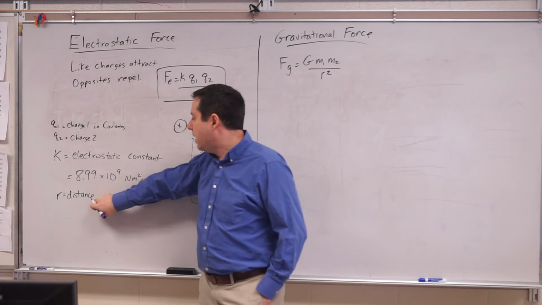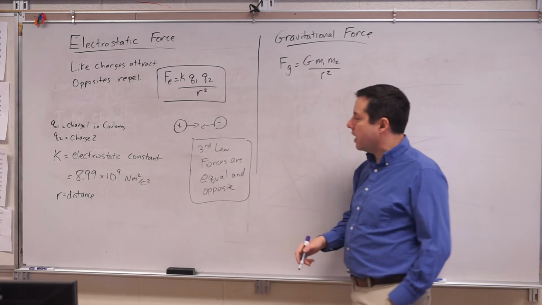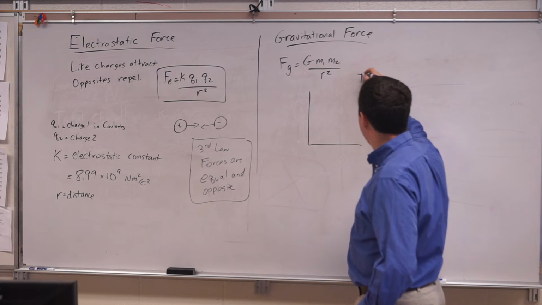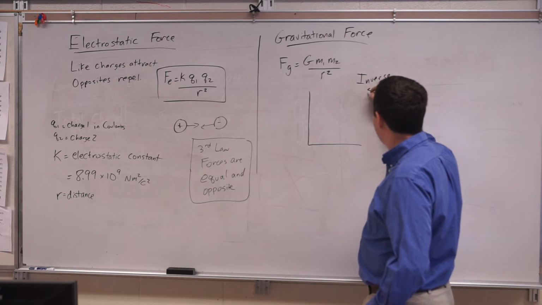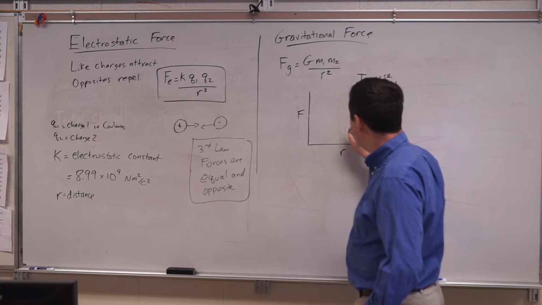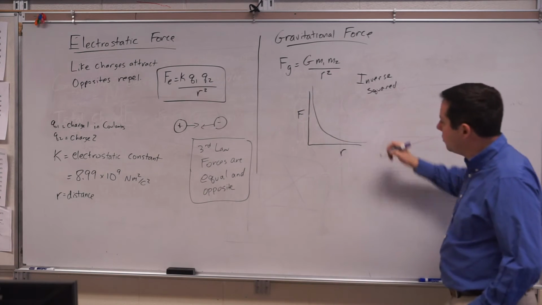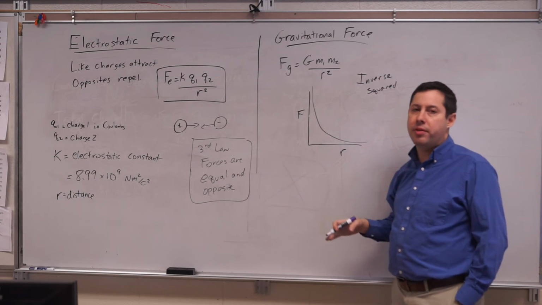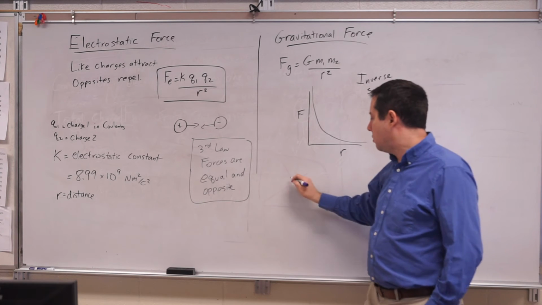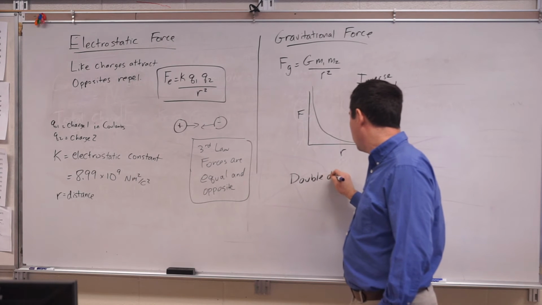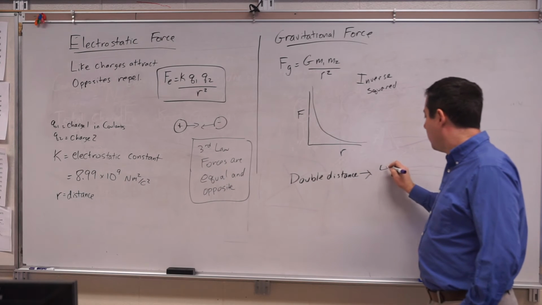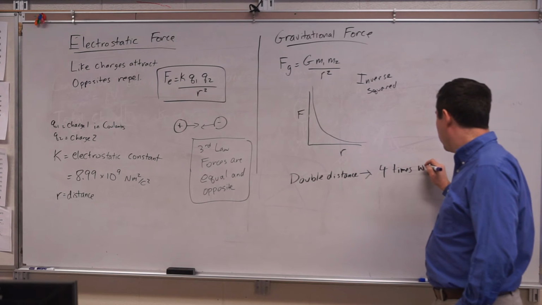The last thing we see is R, which is distance, just like in the gravitational force equation. Both equations follow what's called the inverse square relationship: if you graph force versus distance, F versus R, you get an inverse square relationship. It looks exactly the same for both. Meaning, as you go further away, the force decreases. Doubling the distance gives you a 4 times weaker force.